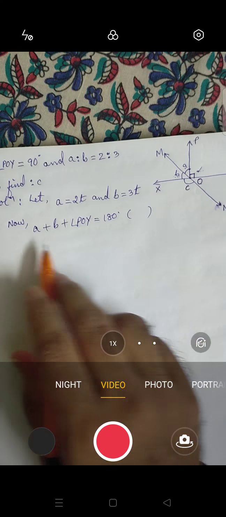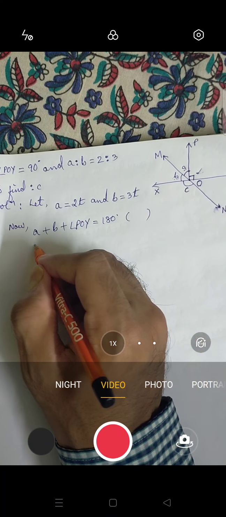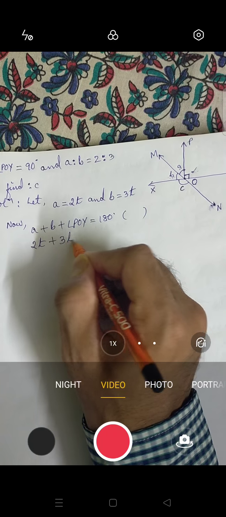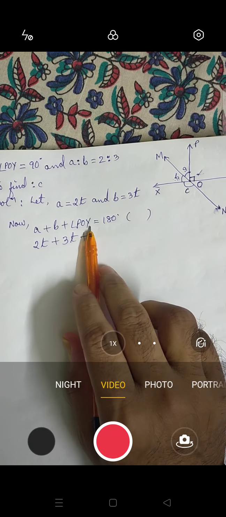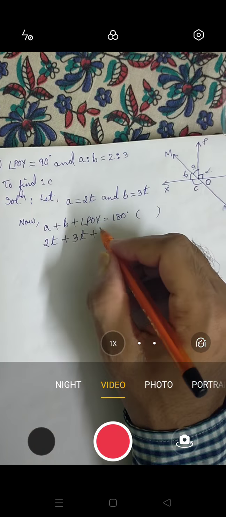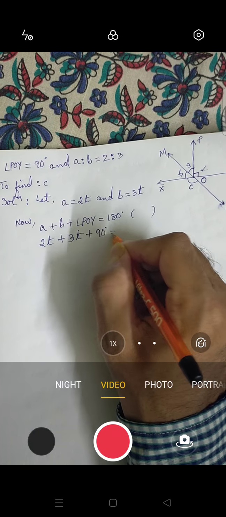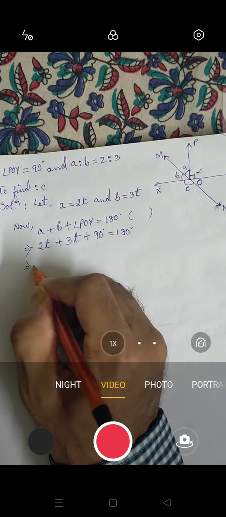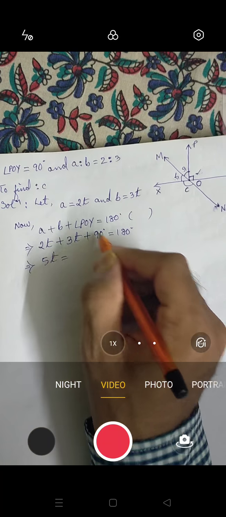After writing that, A means 2T, so we will be writing 2T plus B means 3T, so we will be writing 3T. And POY means 90 degree. So we will be writing 90 degree equals to 180 degree. Now we will solve this one. This will become 5T and this 90 will transfer there.